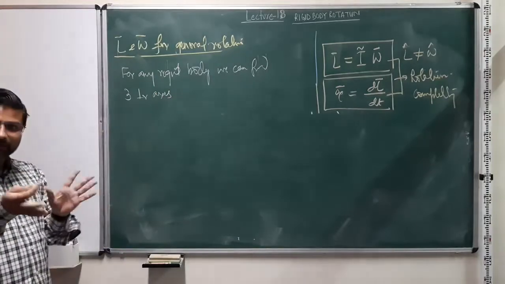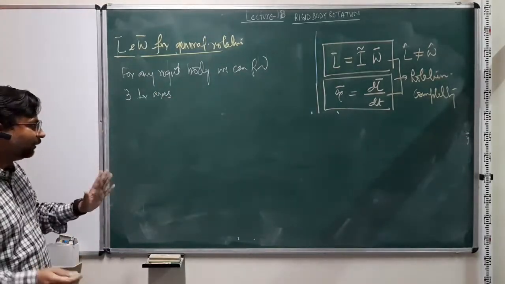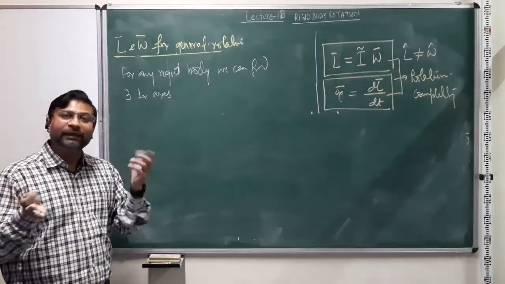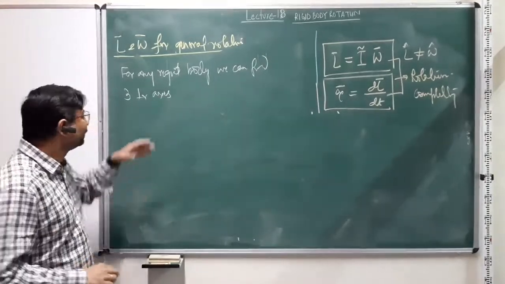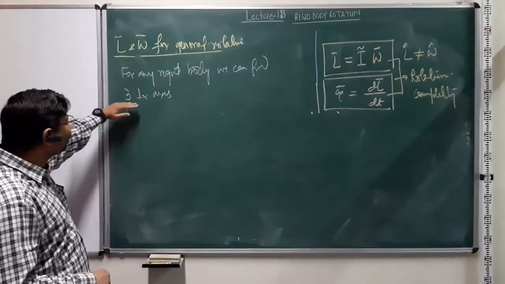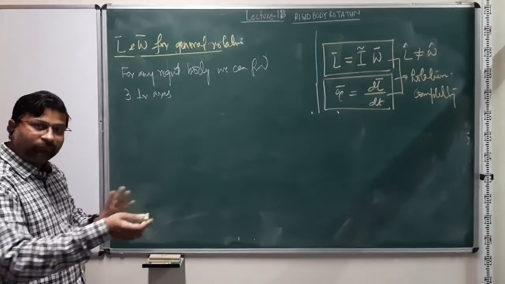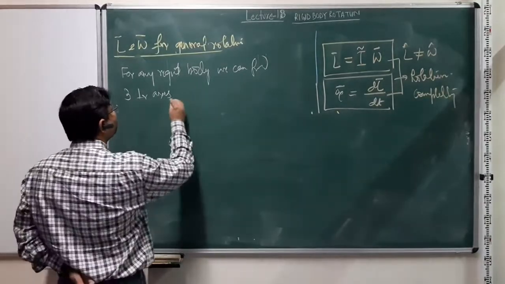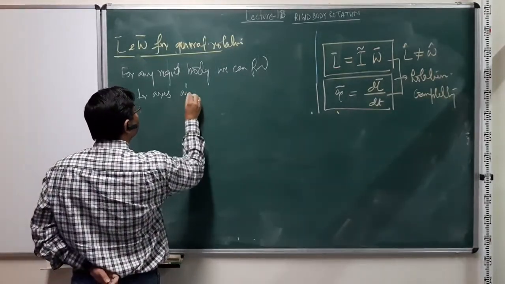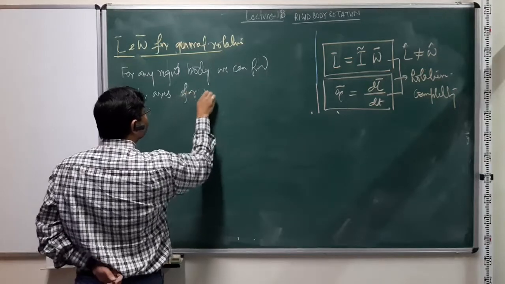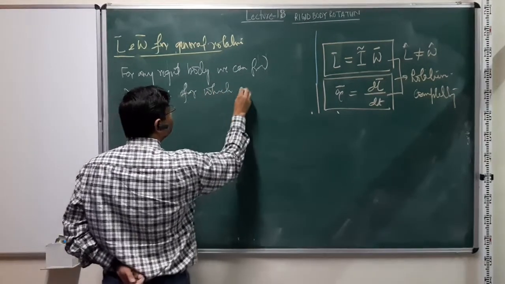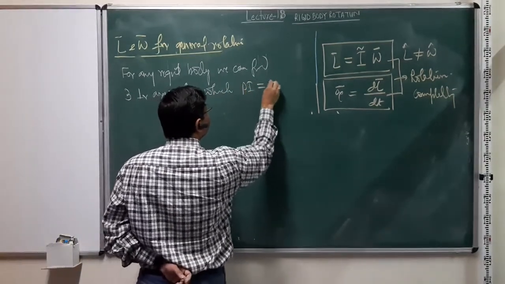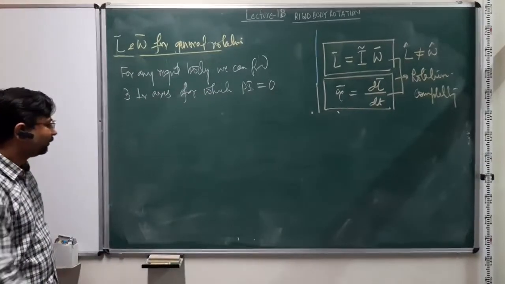So we can find a set of 3 perpendicular axes for any rigid body, and that's needed because our coordinate system is defined as 3 perpendicular orthogonal axes, right? So for any rigid body, we can find 3 perpendicular axes in the body for which this product of inertia term is equal to 0, right?